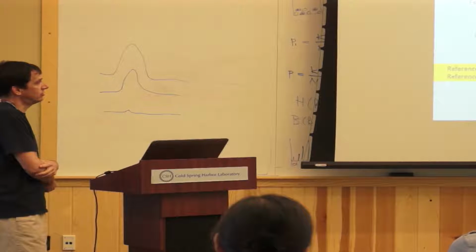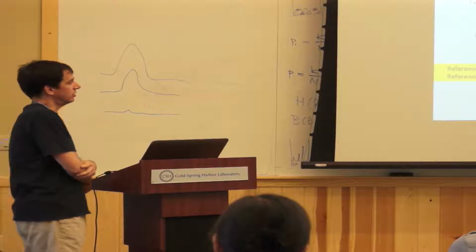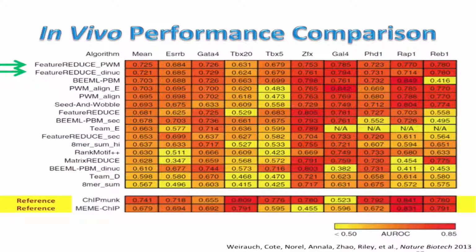The thing is that the MEME method gives you many motifs, and it has to pick one of those many motifs. Because it's a stochastic method, you run it multiple times, and if you roll them multiple times, you don't get the same motif every time.